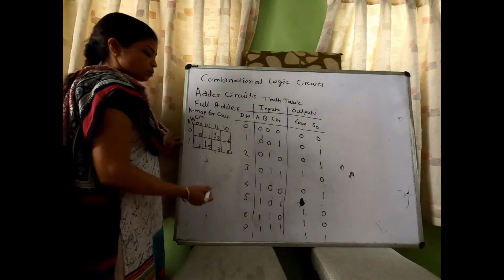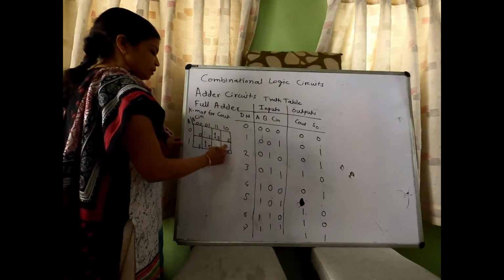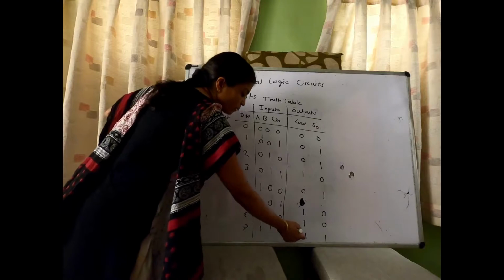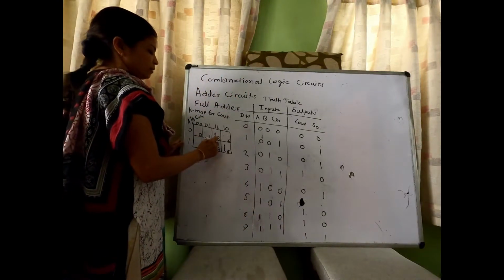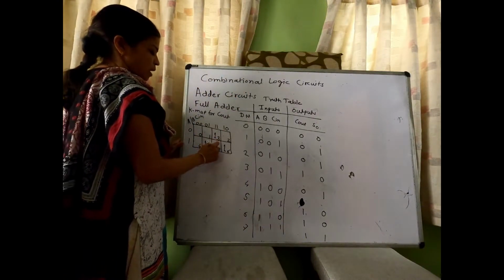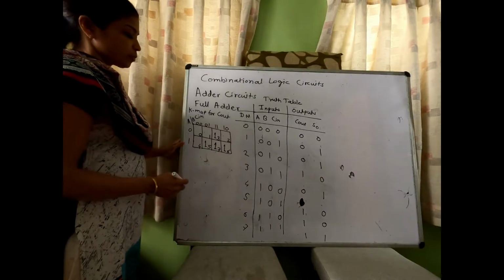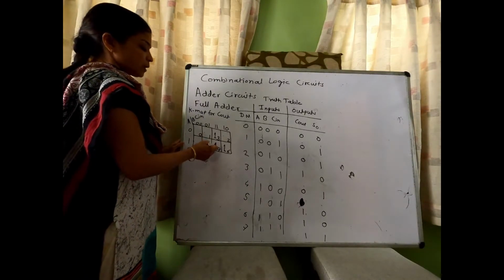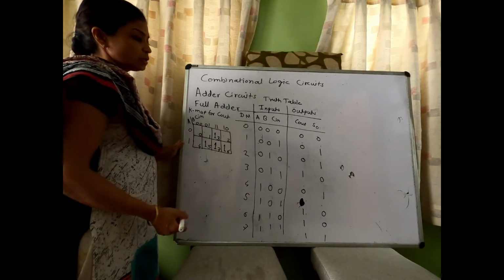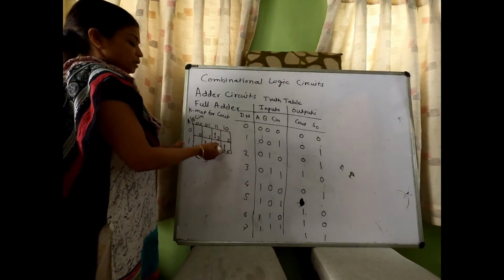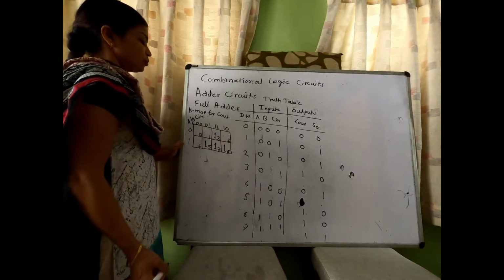Here 110 it is 1, so we will write 1 there. And for 111 it is 1, so we will write 1 there. Because in the sum of product form we have to write 1 for those cells as per the truth table.